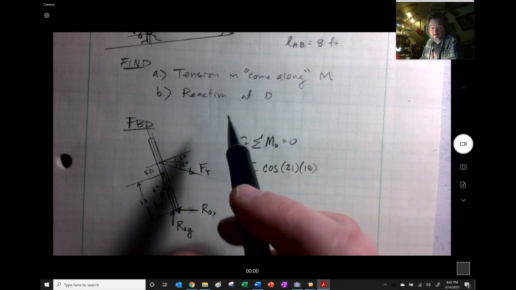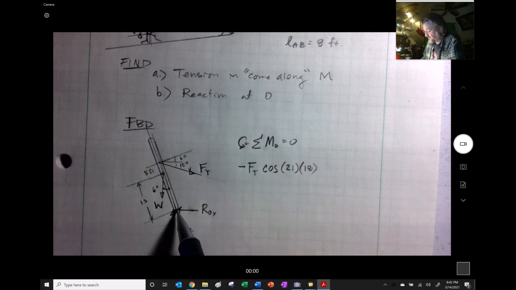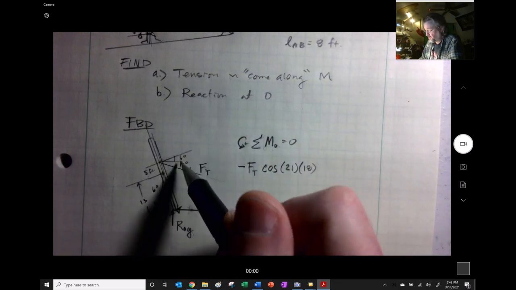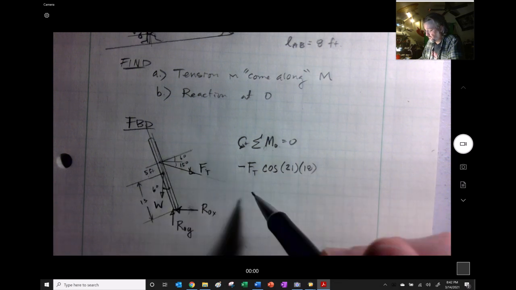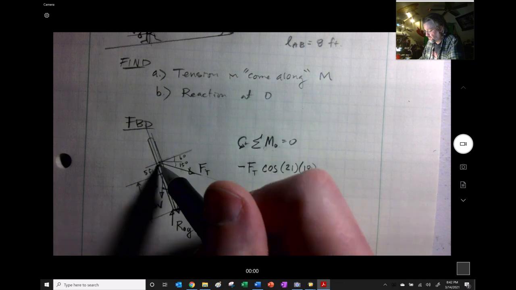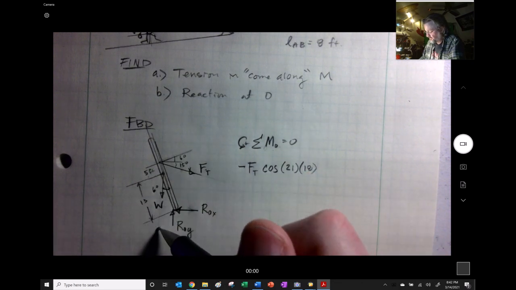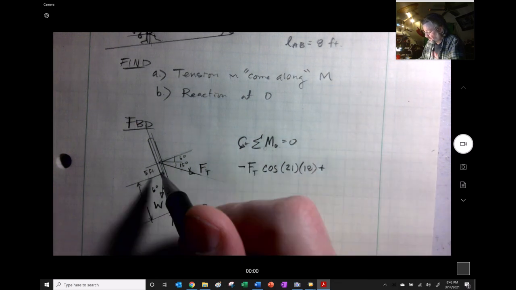Right? Here we got the component of this thing. It has two components. One is going down and towards the point about which we're taking the moment. So it's only going to be the cosine of that 21 degrees of that force. And here's the moment arm that's perpendicular to that component. We have another one right here, and that is definitely going to be the opposite, obviously.